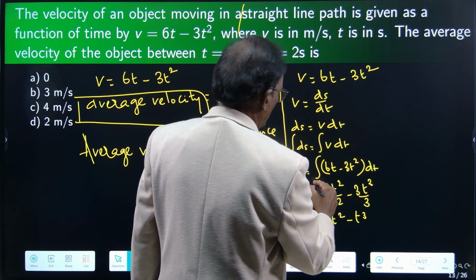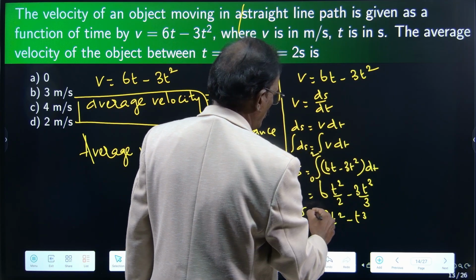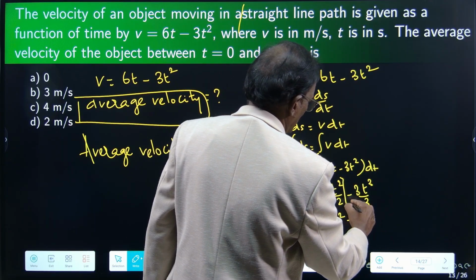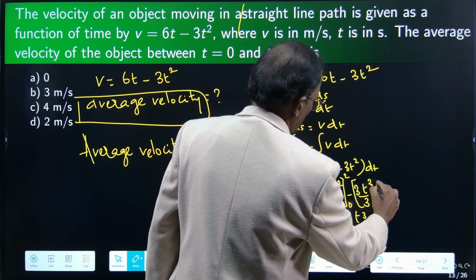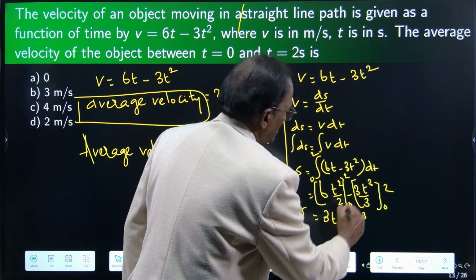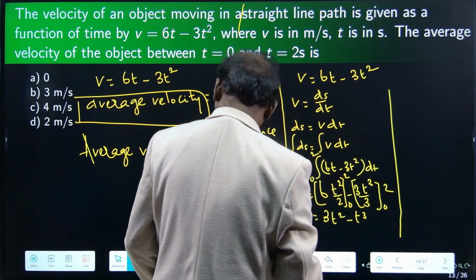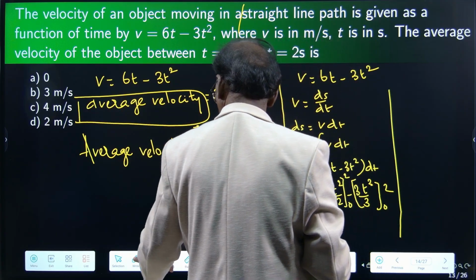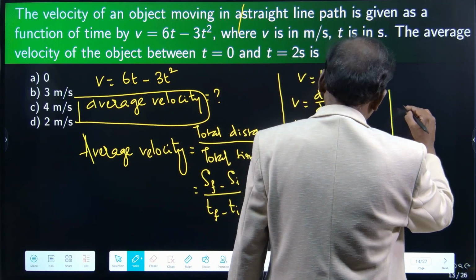I am sorry, I have not written the limits: 0 to 2. The limits must be written.